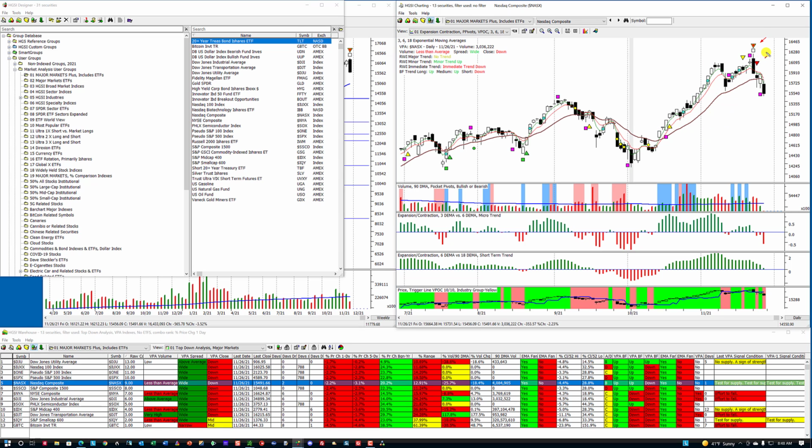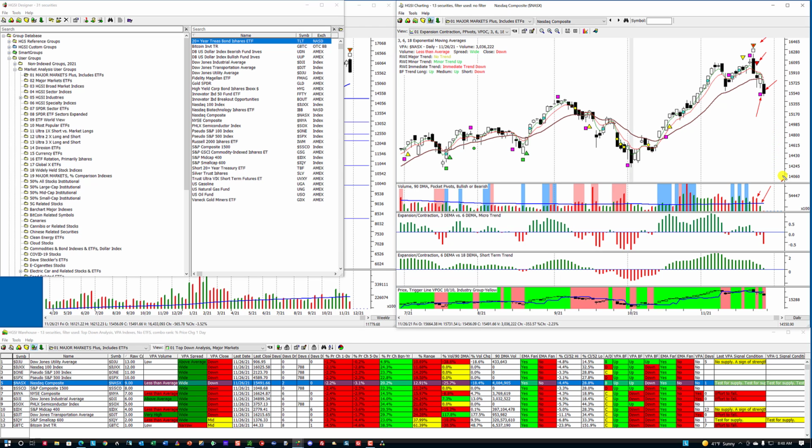There have been several negative VPA flags, and Wednesday after the market there was a low volume test. You can see the volume was lower and it closed near its high. Consequently, the test of VPA flag was generated, but that was a test and it was not confirmed, and you can see what happened yesterday.